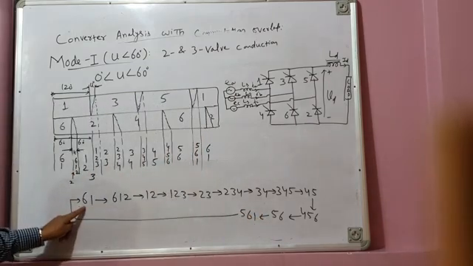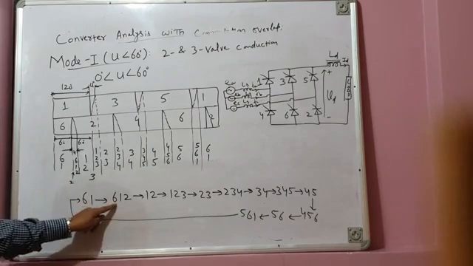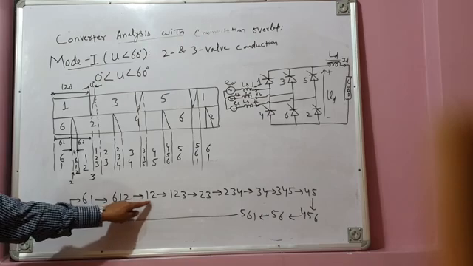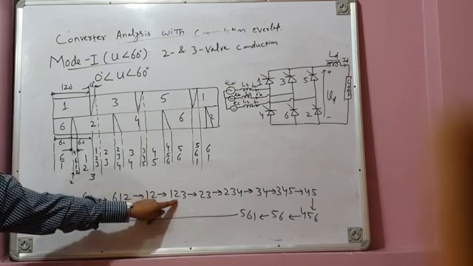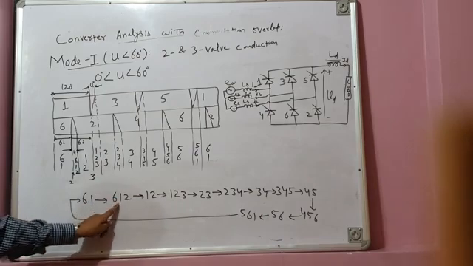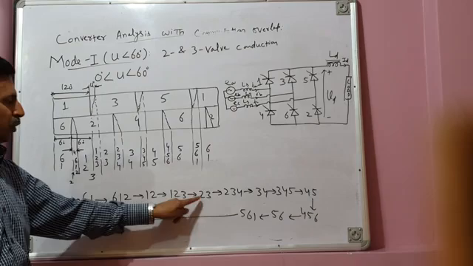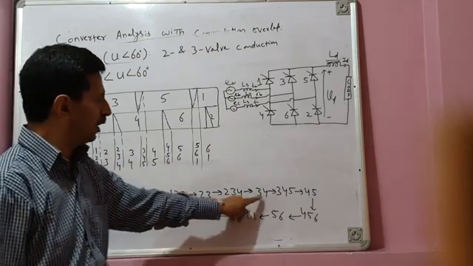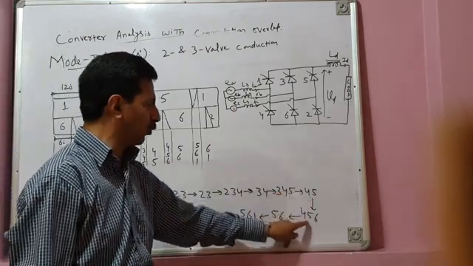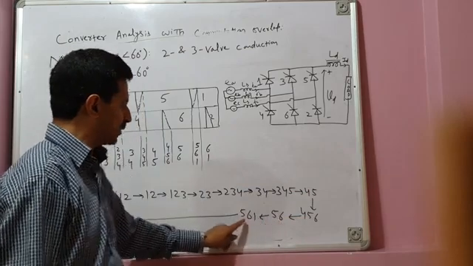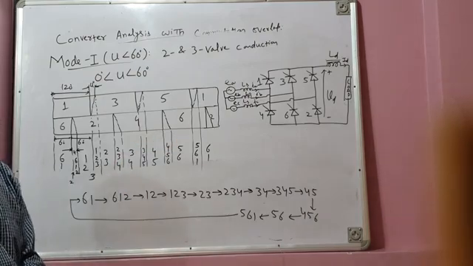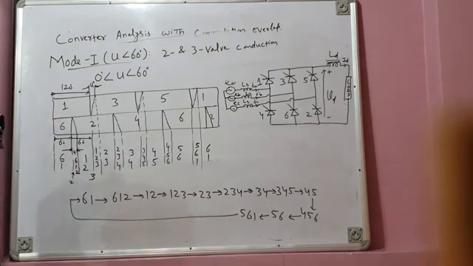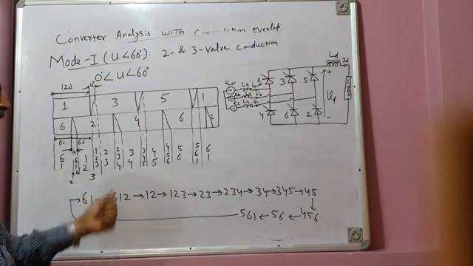So we can see 2 valve conduction 6, 1 followed by 3 valve conduction 6, 1, 2, followed by again 2 valve conduction 1, 2, followed by 3 valve conduction 1, 2, 3. And the cycle repeats. So at any instant of time, either 2 valves or 3 valves are conducting.